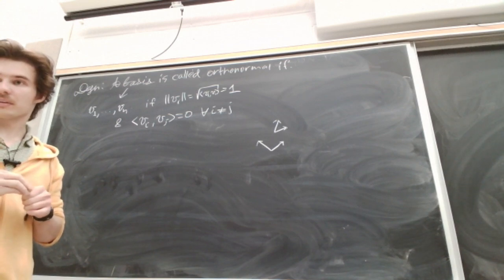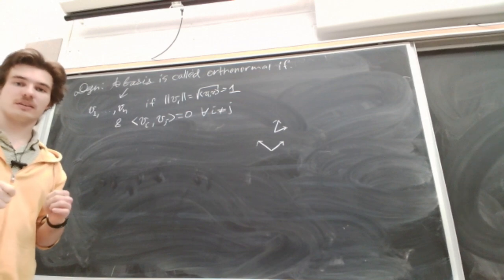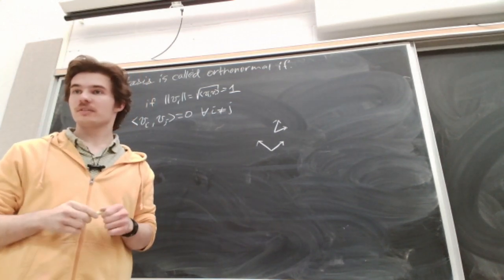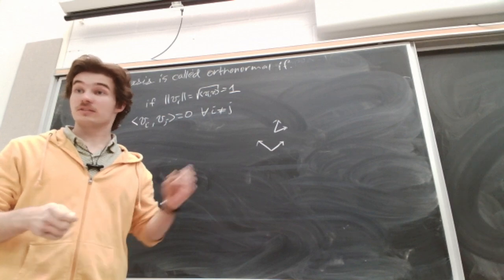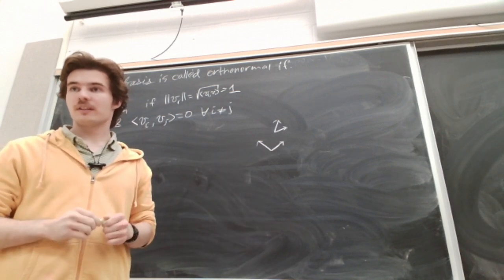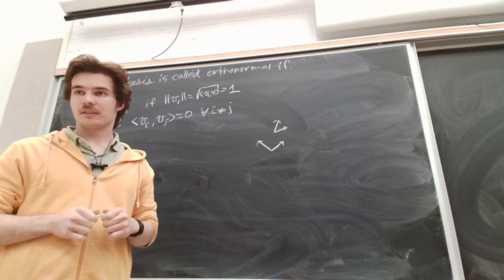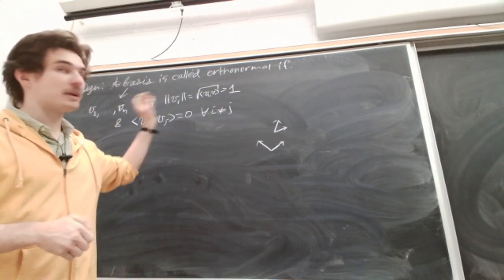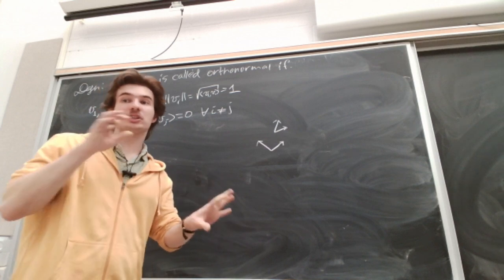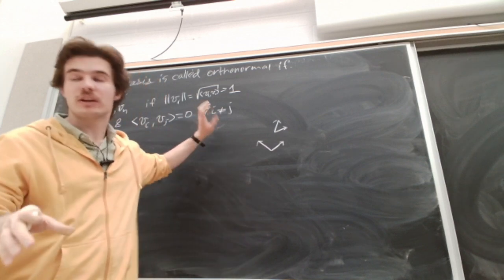If you have a vector space, you have to give it an inner product, which is some additional function. And an orthonormal basis is: you had a basis before, and now there are some special kinds of bases which work extra nicely with the inner product.